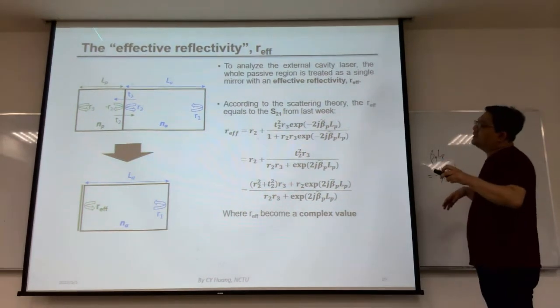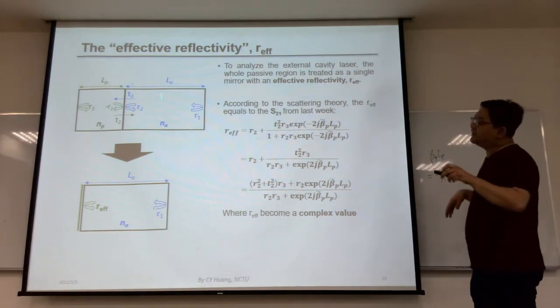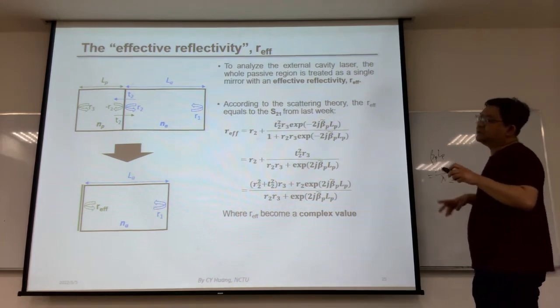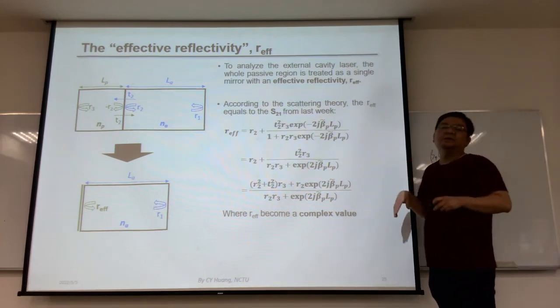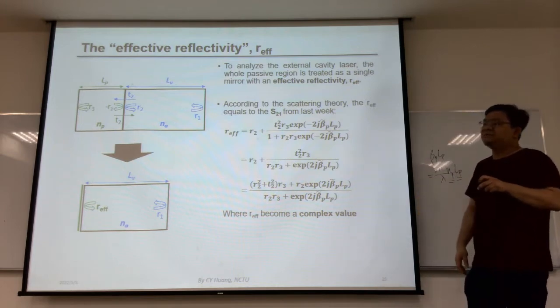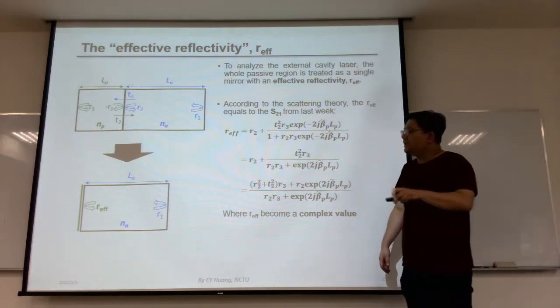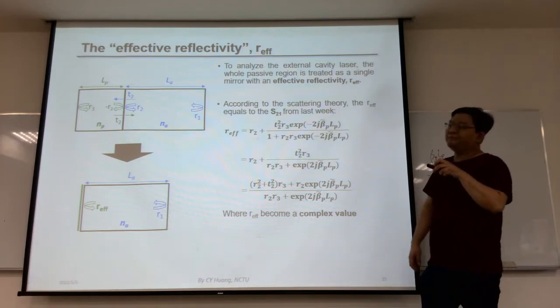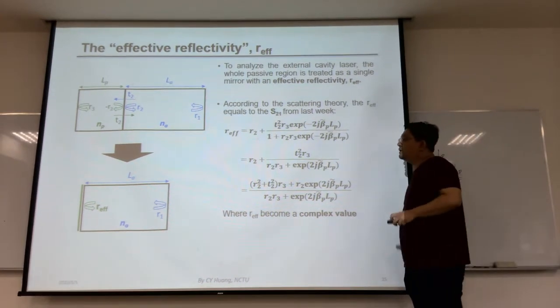Alright, so in order to simplify this additional segment in the cavity, we can use the transmission, the scattering matrix to reduce the whole segment into a single reflectivity. We can call it the effective reflectivity.